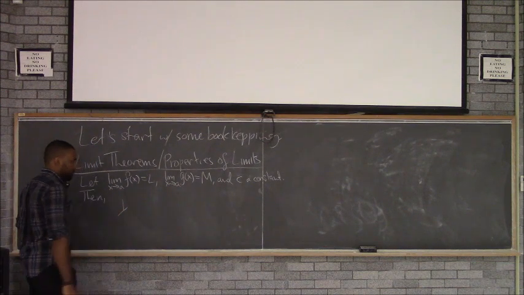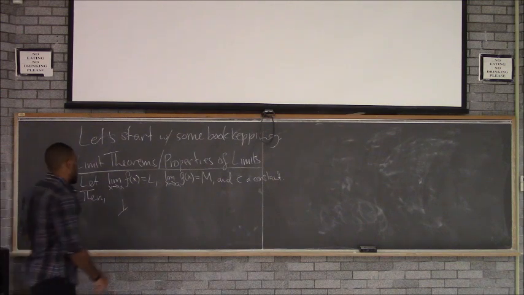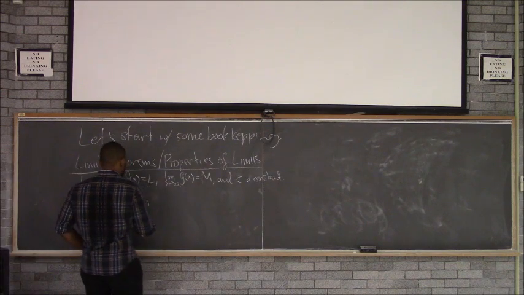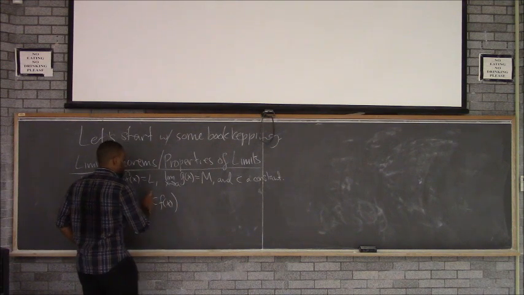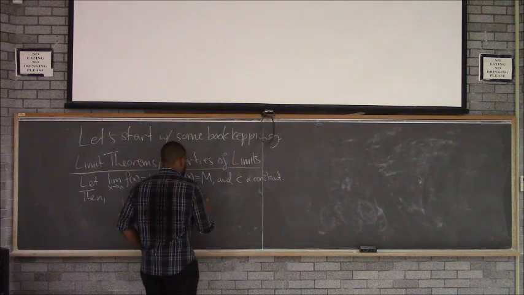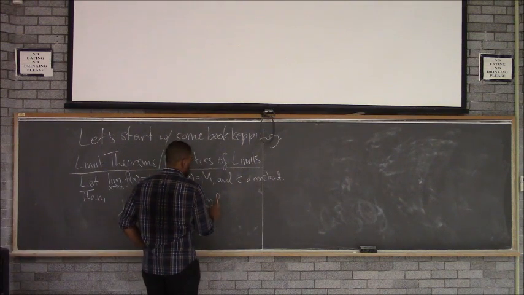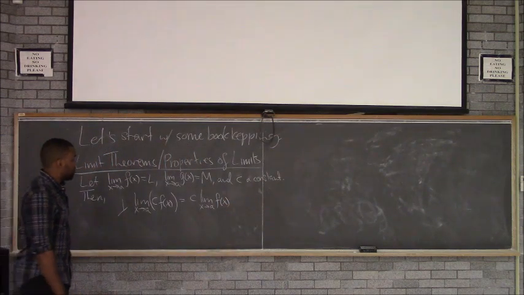One, I want you to be aware that you can always factor constants outside of limits. So if you have the limit of a constant times a function, you can always factor that number out and just take the constant times the limit of the function.